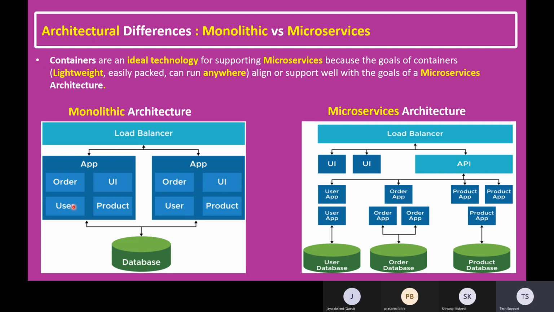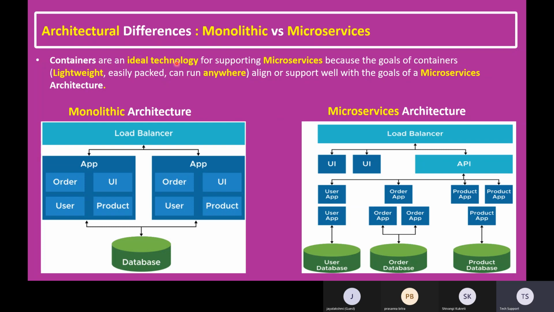And instead of using multiple dedicated application users, they make a separate user app, and order also an order app, product app, and even the data is distributed. That is the reason we can also call this microservice architecture distributed service applications. Distributed service means whatever service is given by the application, all the services are distributed. The user service is stored in the user database, order service stored on the order database, and product app stored on a product database. Okay, the same point I highlighted in the description.